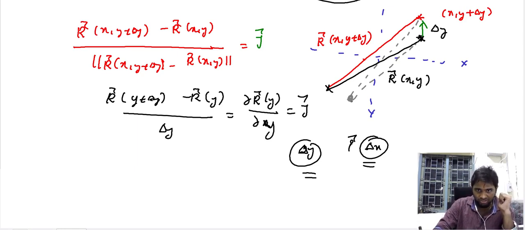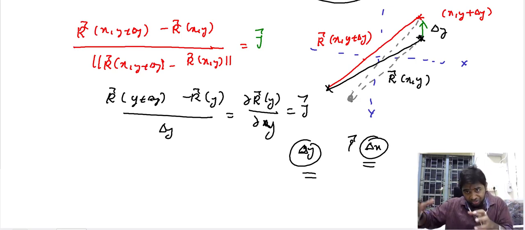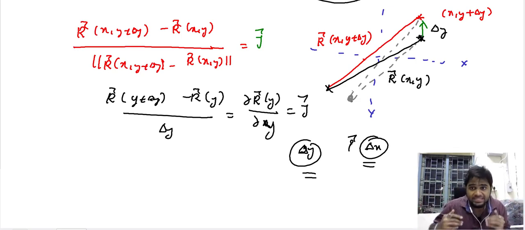Even though my origin is different, even though the magnitude of the individual position vectors are different, the difference in the position vectors used to describe point A and point B, irrespective of the origin that you choose, would remain the same.